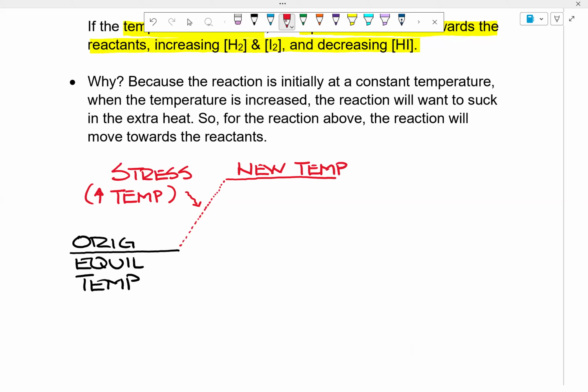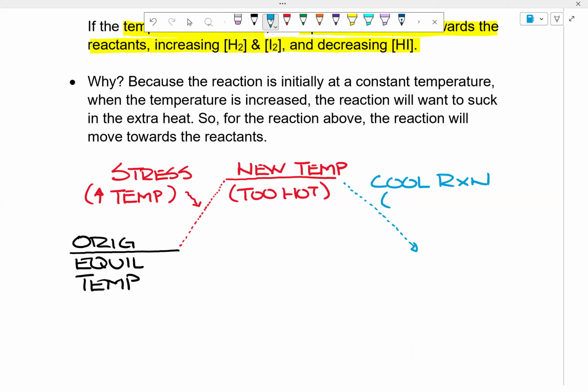Now, the issue with this new temperature is that it is too hot. So we want to bring that temperature down, and to do that we need to cool the reaction.